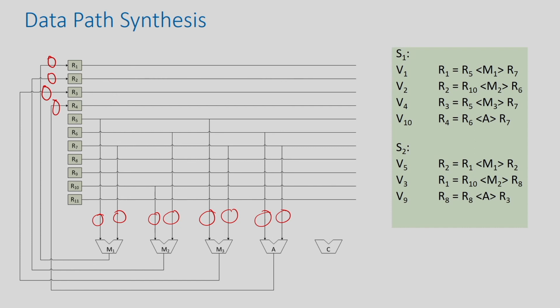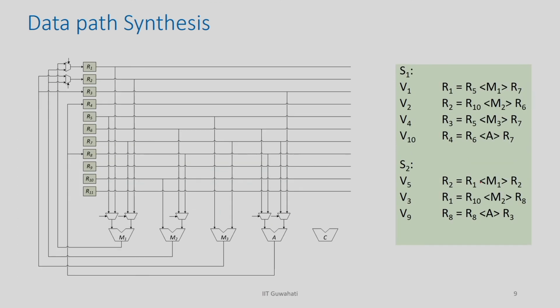So, let us see for operation 1. R1 should come here. So, R5 will come to this FU. This is a fixed line, and in the next time step R1 will come, right. So, you have to put a mux here.